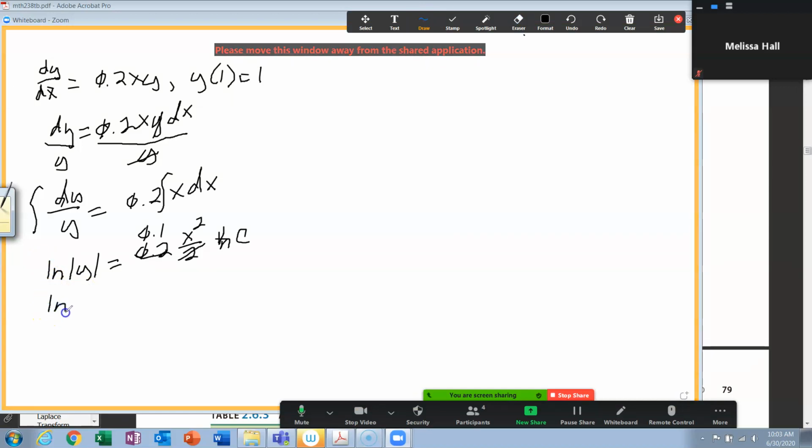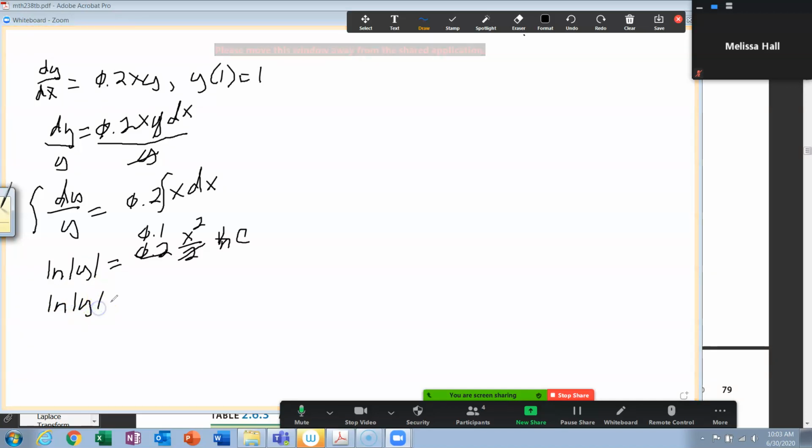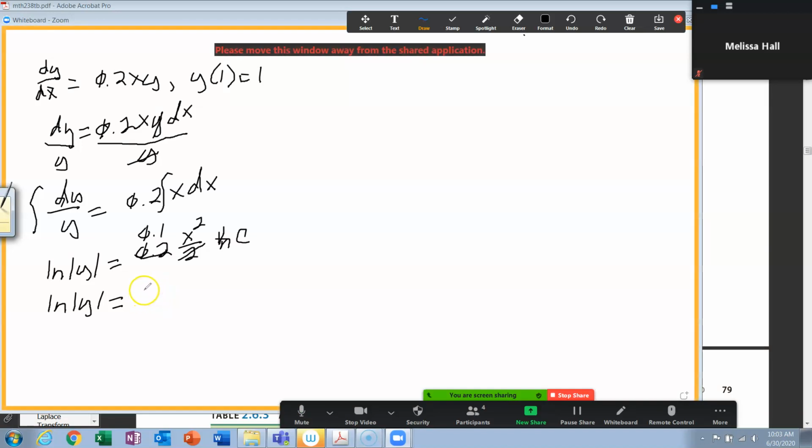I'll try to keep the absolute value bars. And this will be 0.1 x squared plus log c.